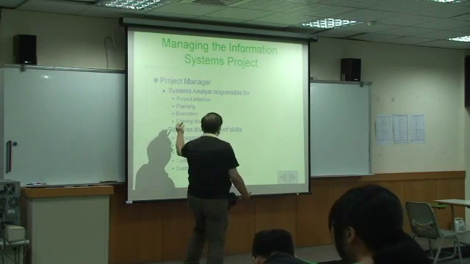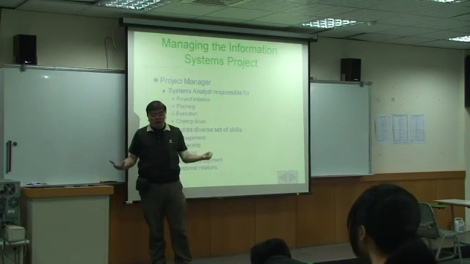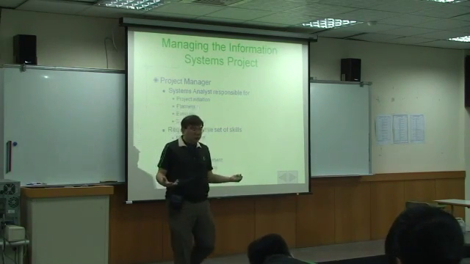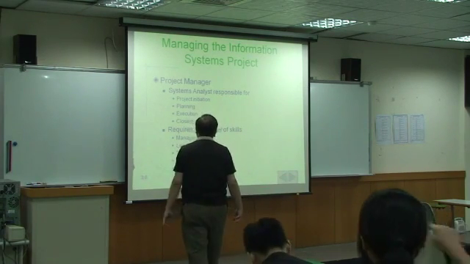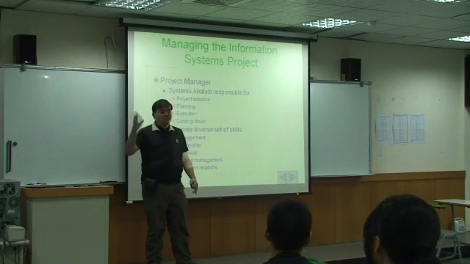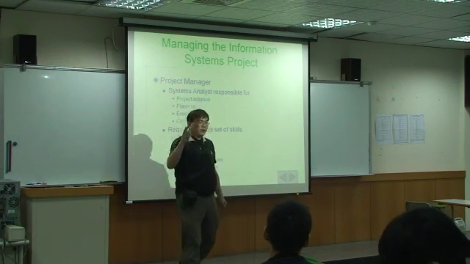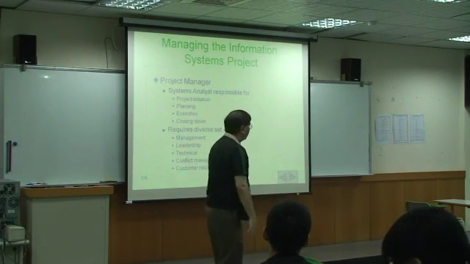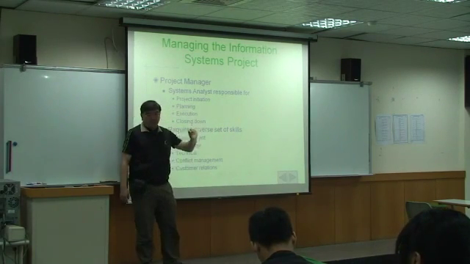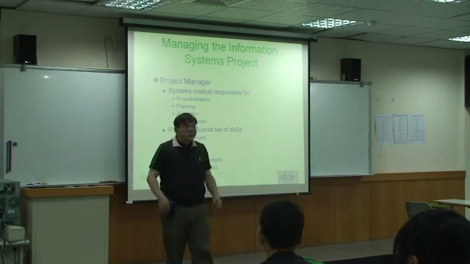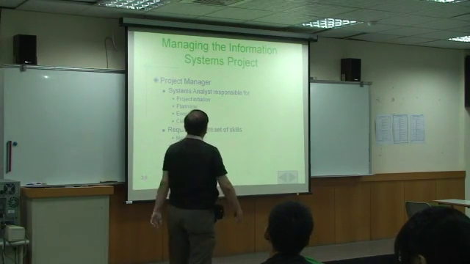Maybe we call it some people, or machines, or materials. We call it the 3 Ms: man, materials, and machine. With these three components, we'll spend some money. The money means the cost budget.